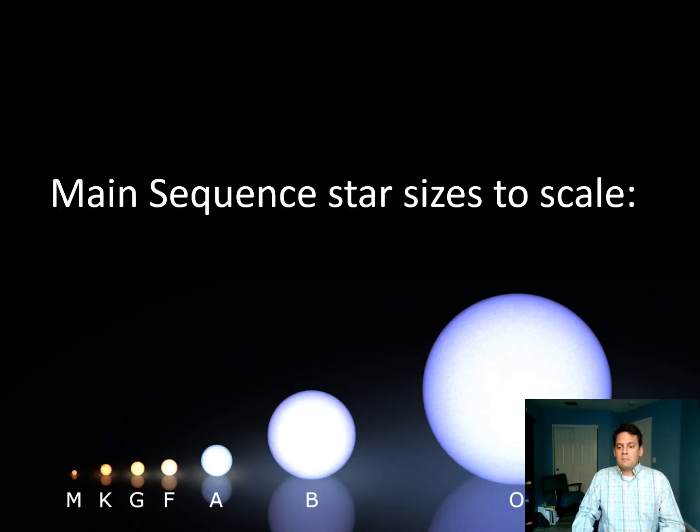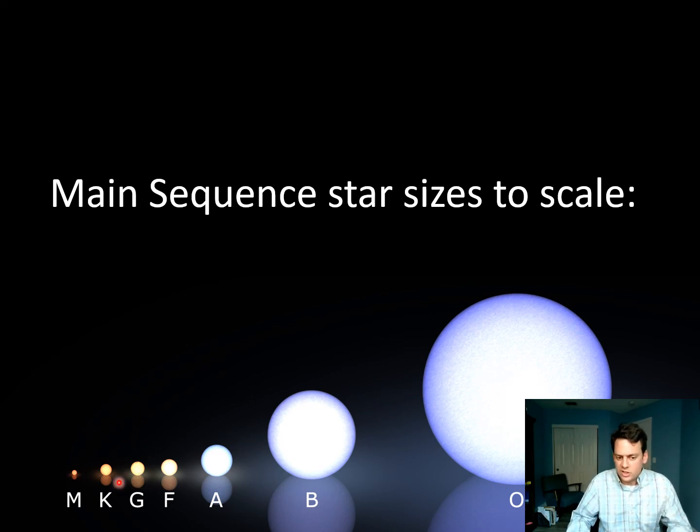So very often when I show you schematics, I'm forced to draw things not to scale because the universe is hard to scale down in a lot of ways. But this is a nice slide because things are to scale, and it gives you a sense of how much bigger the O class stars are than the M class, as we go up from M-class stars, the coolest end of the spectrum, up to O-class stars, the hottest end of the stellar spectrum. And of course, if you try to put the Earth on here somewhere, you wouldn't see it.